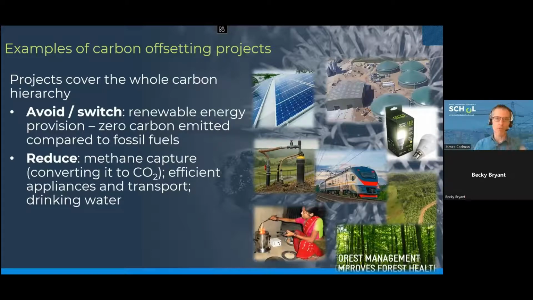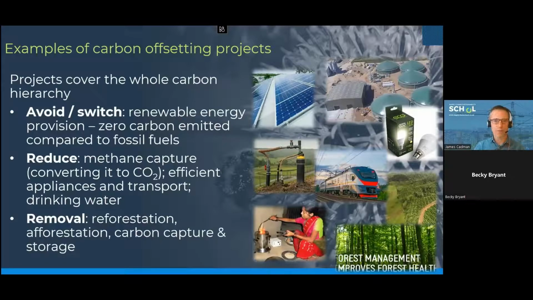Switching your light bulb so you're being more efficient with the energy you use. And then there's removal, and this is where offsets and carbon removals overlap. So you can use natural systems to remove carbon directly from the atmosphere. Trees is the obvious one, but there are different ways of doing that. So reforestation, afforestation, and then ultimately carbon capture and storage.